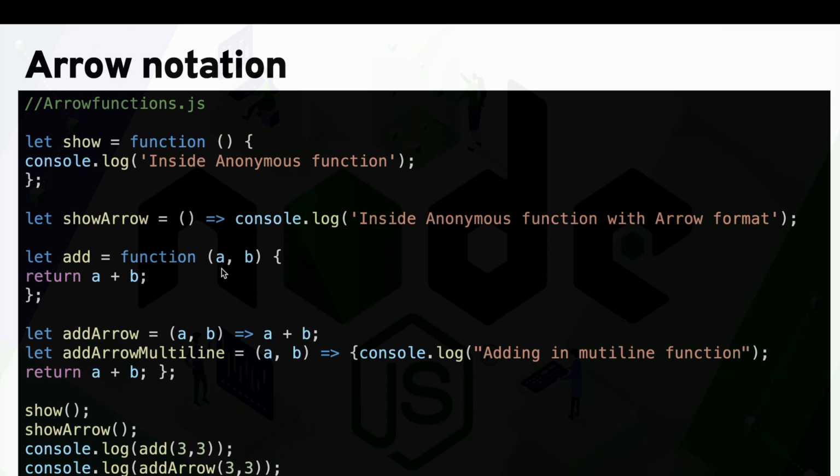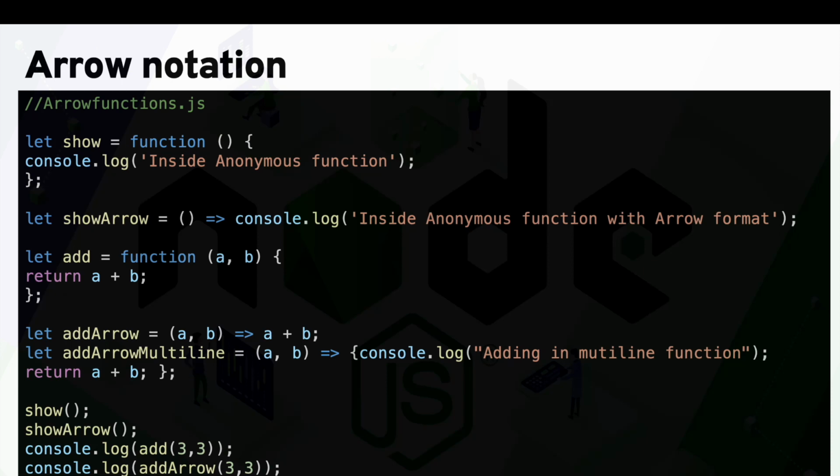And if it is having parameters, then you have to give the parameters as well. So this is the example of the function with parameters, and the above one is a function without parameters, and this is basically multi-line. So we have put these braces here to have it multi-line.